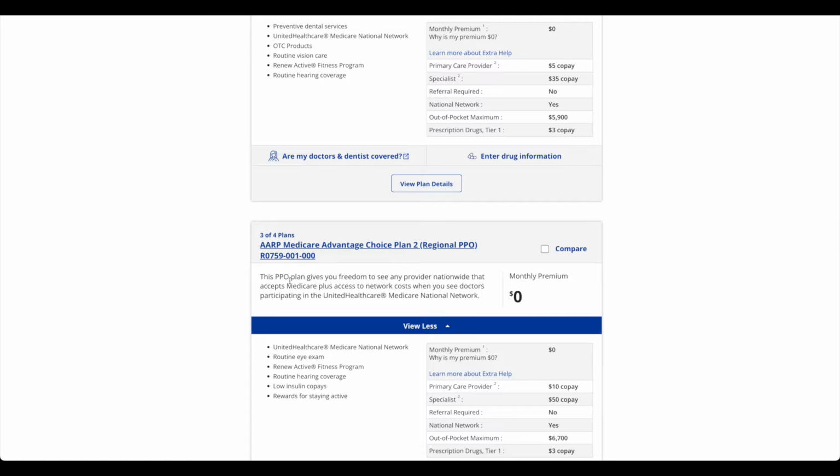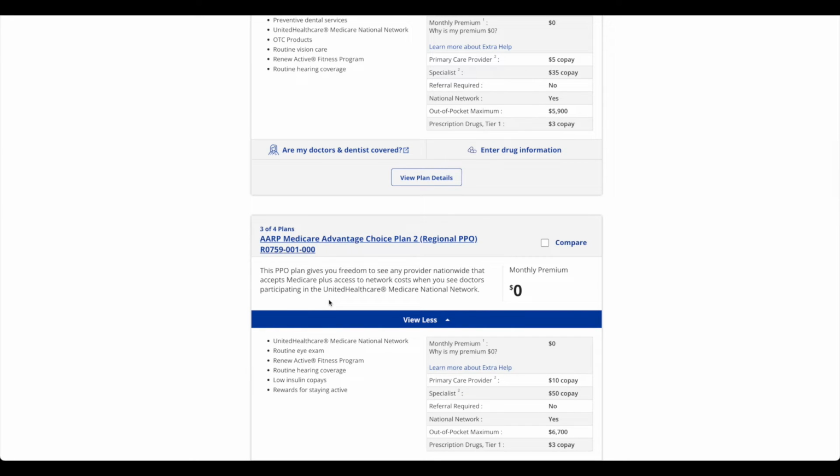This is, again, a PPO plan that gives you the freedom to see any provider nationwide that accepts Medicare, and also have access to the reduced costs when you stay in that participating United Healthcare medical network, or Medicare national network for United Healthcare. So again, you have a national network, generally speaking, but you have your best cost inside of the specified United Healthcare Medicare national network.